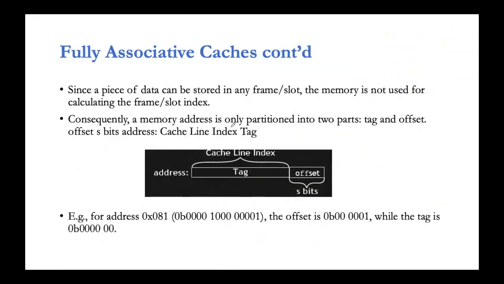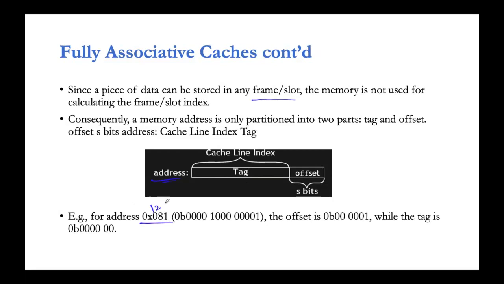In this case, since a piece of data can be stored in any of the frames, the frame index is not required from the address of the cache line. Only the offset is required, and the remaining bits will be used as the tag.